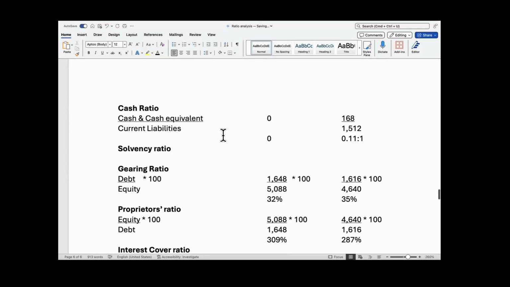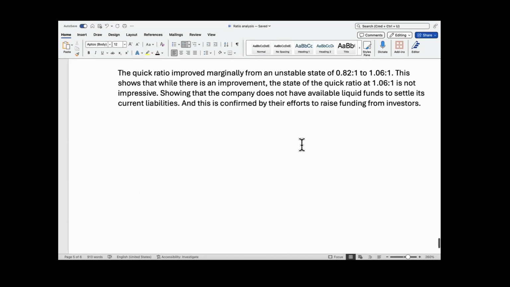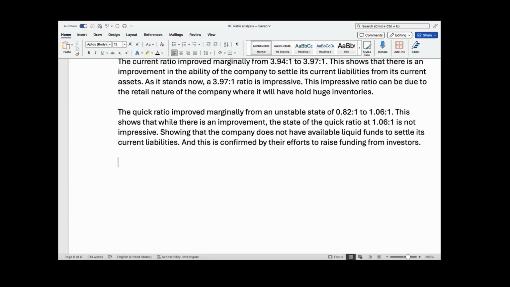Okay, then finally is the cash ratio. And as you can see, it is zero. The cash ratio declined from 0.11 to 0.